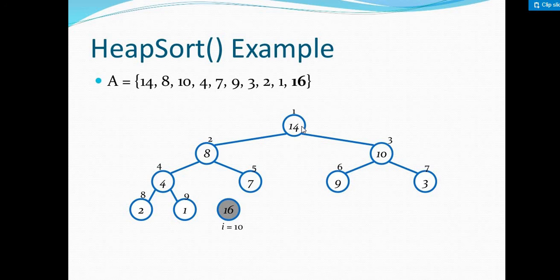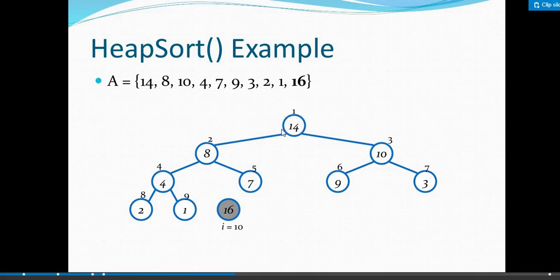Now the number will be sorted. 16 will be sorted. In the next step, this top element will be removed and shifted to this ninth place element. Again, out of 8 and 10, 10 is greater, so 10 will be shifted to this position.